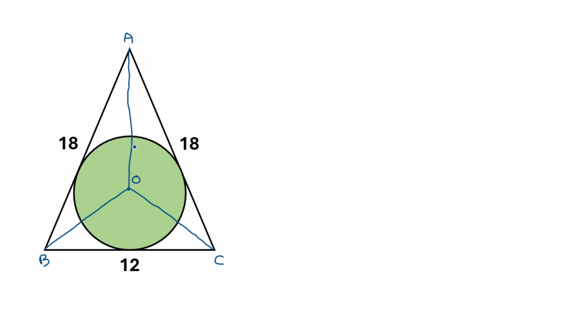Now from this figure we can write the area of triangle ABO plus the area of triangle AOC plus the area of triangle BOC is equal to the area of triangle ABC.